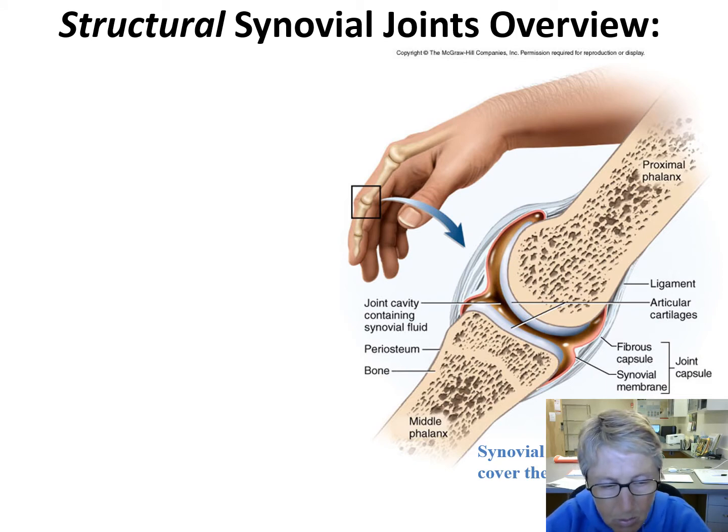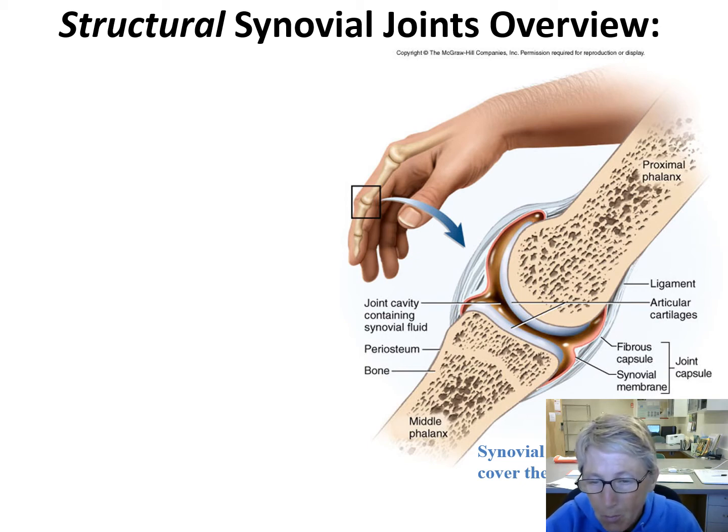I don't know why I'm not getting a laser pointer on this, but hopefully you can see where I'm moving the cursor. The articular cartilages are made of hyaline cartilage, and they are on the ends of the bone.